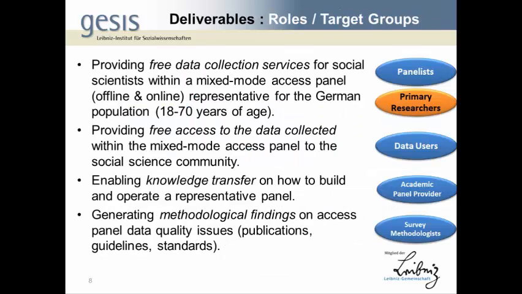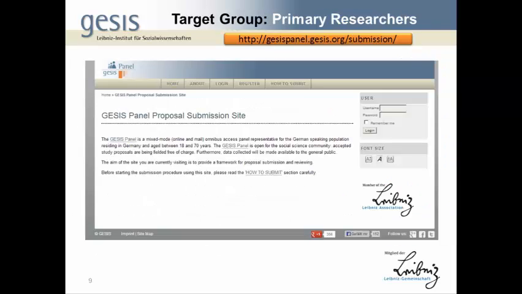Okay, and now I'm briefly summarizing how to submit a proposal to the GESIS panel and what we developed for primary researchers. The model we use is similar to the model when you submit a paper to an academic journal.